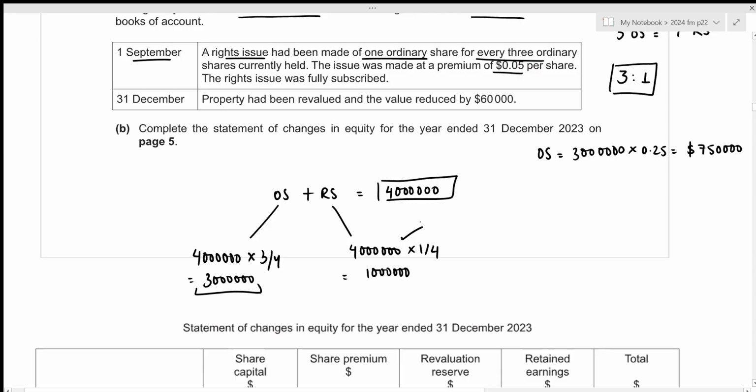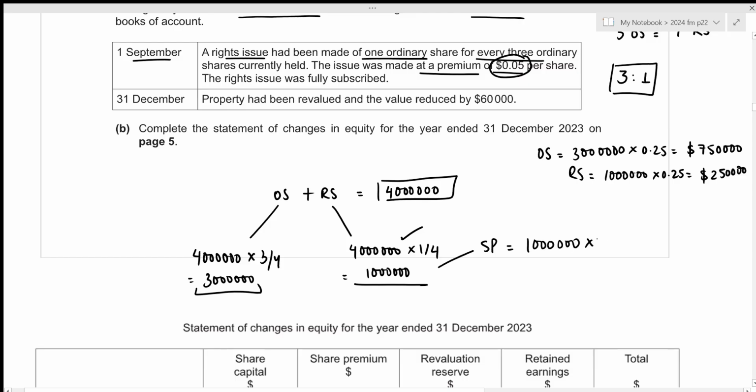Then the value of rights shares to be included within the ordinary shares itself will be our number of rights shares, so that's 1 million, times 0.25, which results in 250,000. And also remember that this rights issue was made at a premium of 0.05 per share, which means that the premium aspect for this rights issue will be the number, again, that will be 1 million, multiplied by the rate of premium, which is 0.05. So that gives us the value of 50,000.